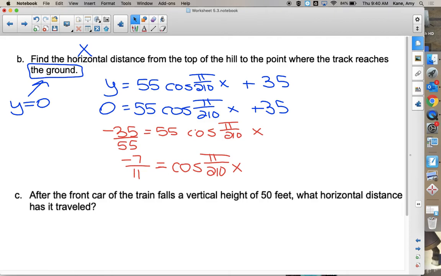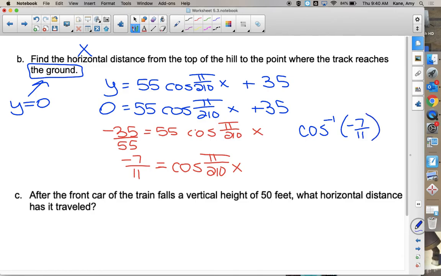So now we're going to use the calculator. In your calculator, we are taking the inverse cosine of negative 7/11. Remember, we're not doing anything with that pi over 210 yet. That's going to change or affect the angle.